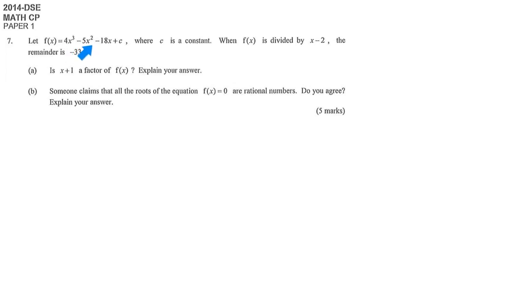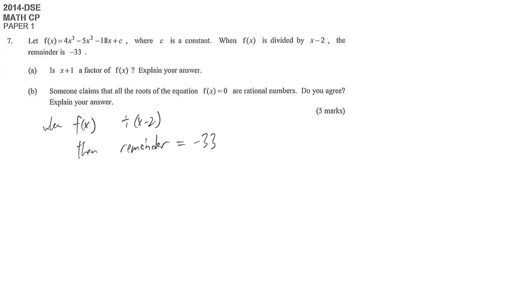In this question, they give you the polynomial, and then they say that when this polynomial is divided by x minus 2, the remainder is negative 33. So we learn that when the function is divided by x minus 2, the remainder is equal to negative 33 here.